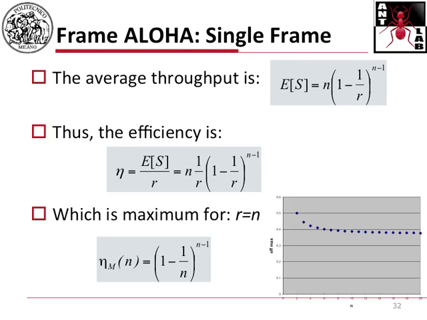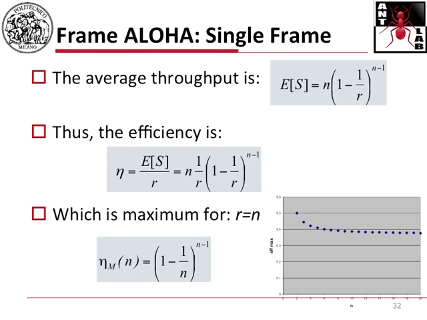Clear? So what is the efficiency? The efficiency, as we defined it, is basically how many successful transmissions we have, since we are constrained on a single frame basis, over the total number of slots we have in our frame. Again, if everything were ideal, this efficiency would have been 1.